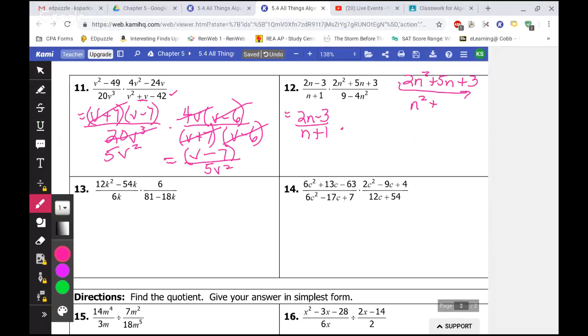That's going to give me n squared plus 5n plus 6. So I'm looking for the two factors that multiply to give me 6 and add to give me 5. I slid up here, and now I'm going to divide down here. So that's going to give me 2n plus 3 over n plus 1.